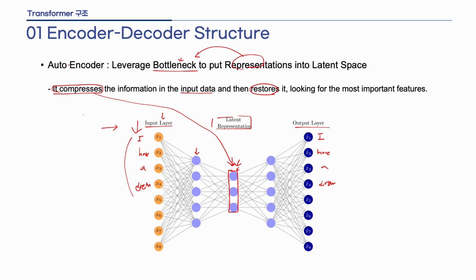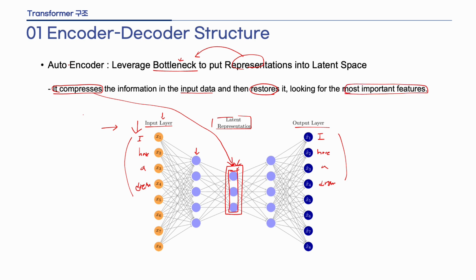If the system predicts the same sentence, then the middle layer should have memorized the most important key features. Can you understand this? Finally, this very small dimension stores the most important features.